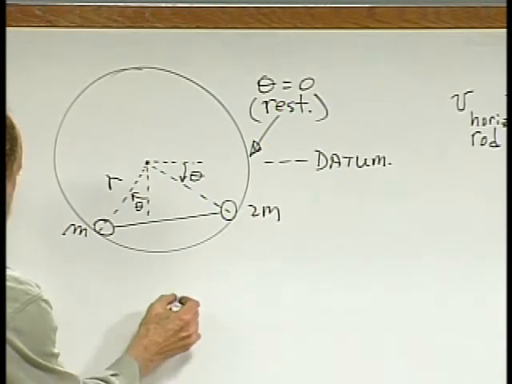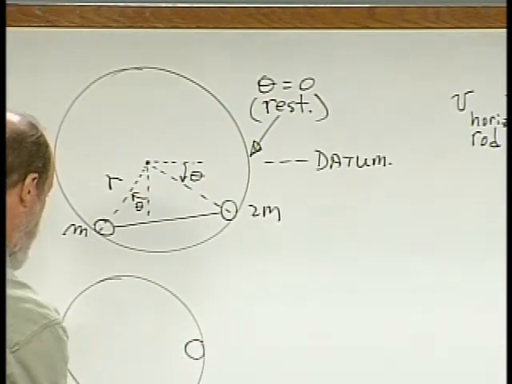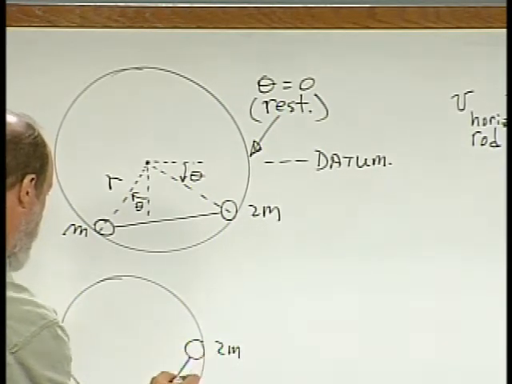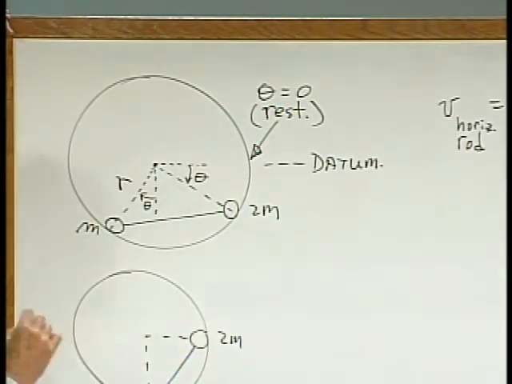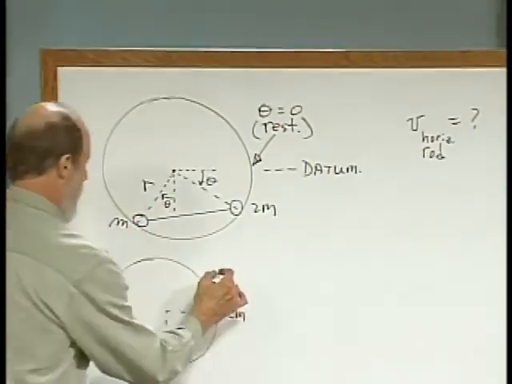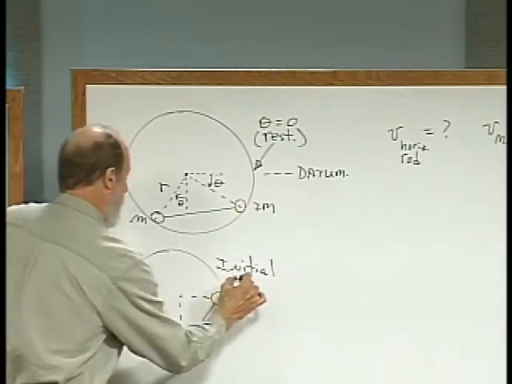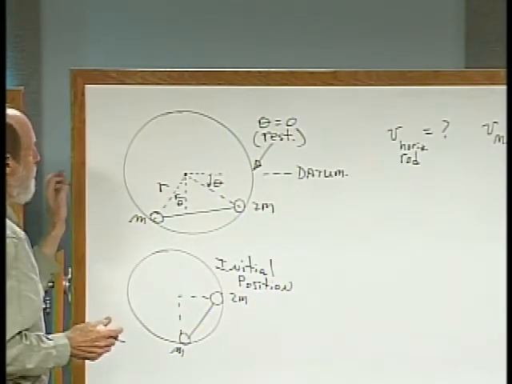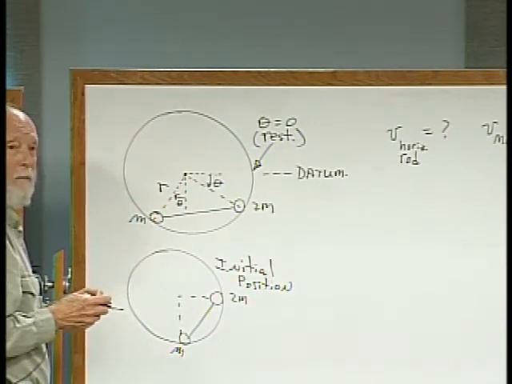So geometrically then, the masses are going to be sitting here like this at rest. Okay, then this is going to be its initial position. Let it go. Here's its general configuration. All right?